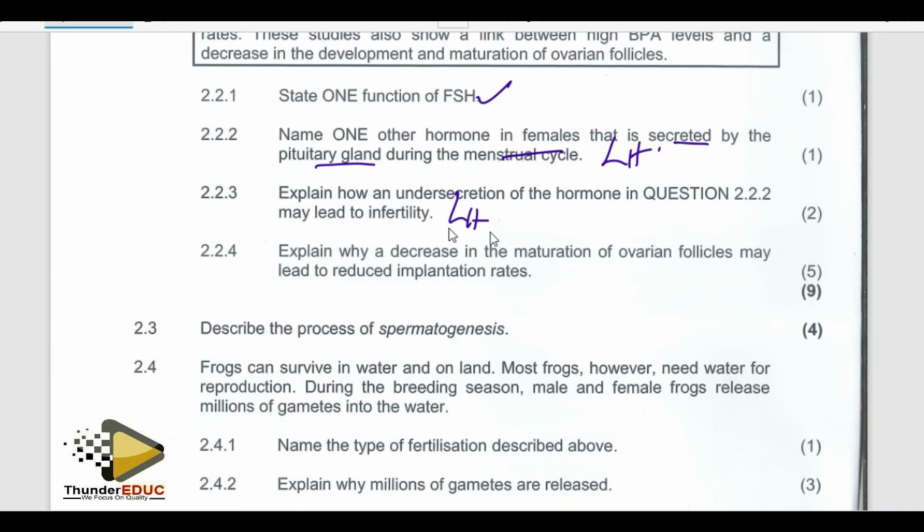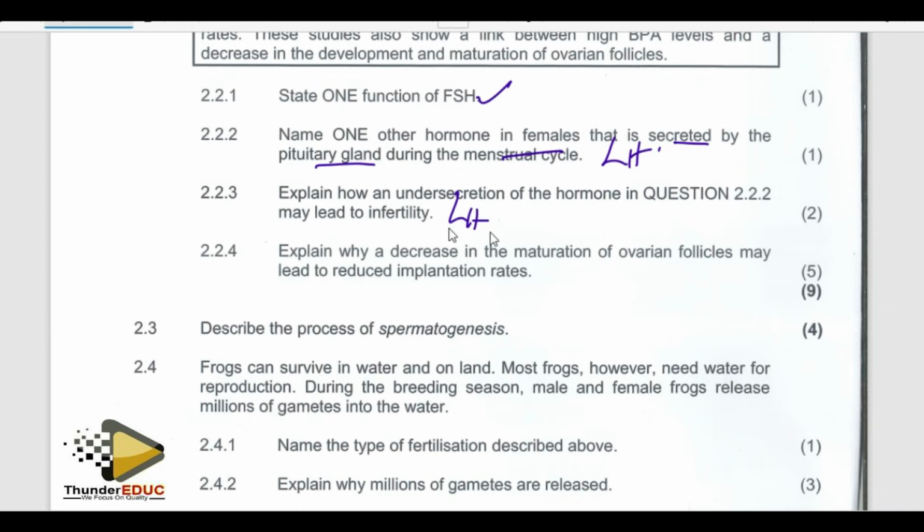You understand? Yes, and if there is no fertilization or low chance of fertilization, it means that you don't have the baby.